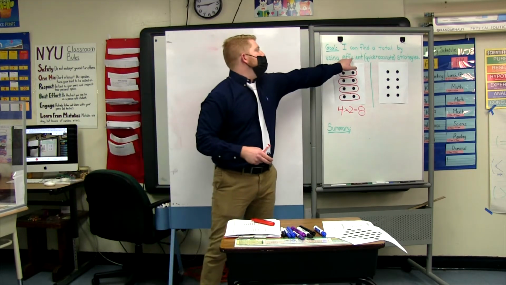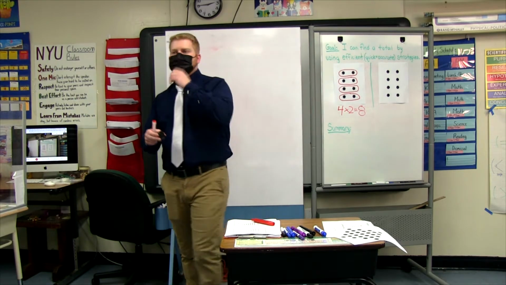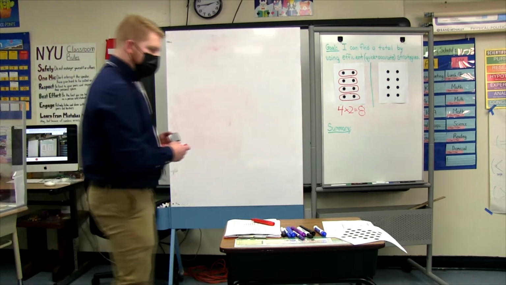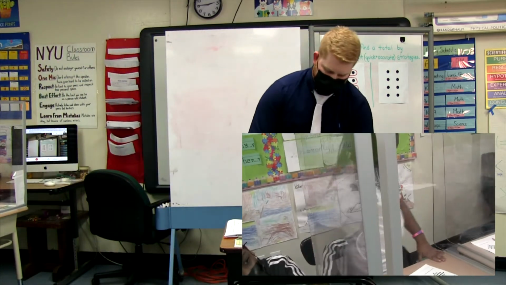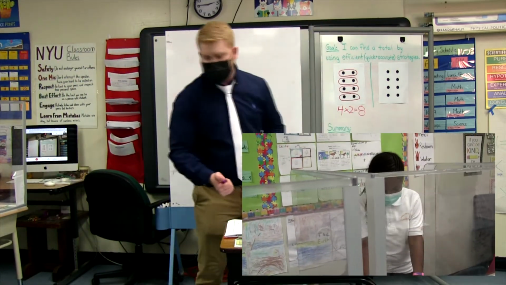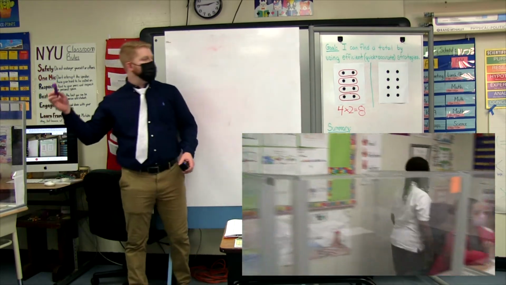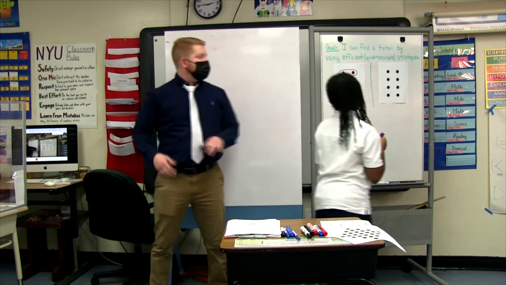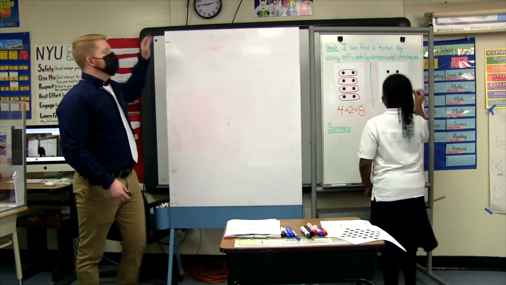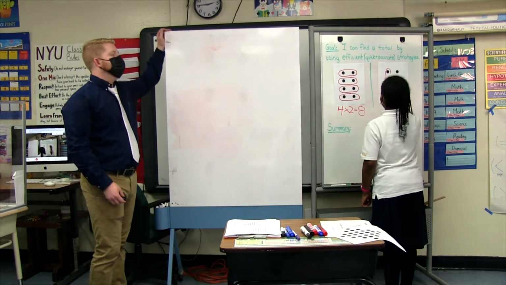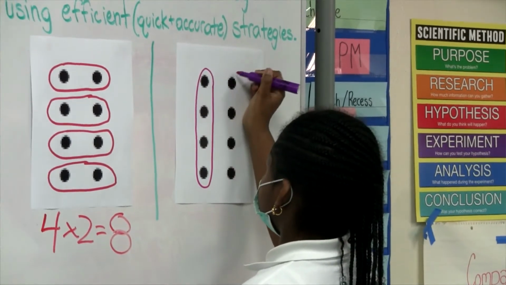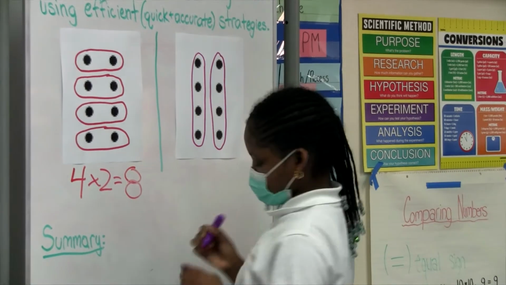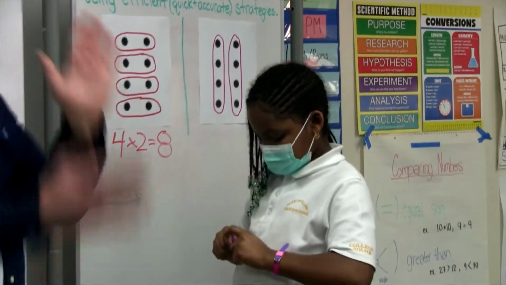Anyone have a more efficient way of solving this? Come on up, Samira. Quickly. All right, so draw your grouping strategy on the right one, please. All right, 2 claps for Samira.